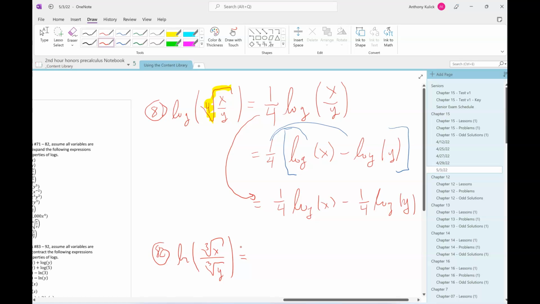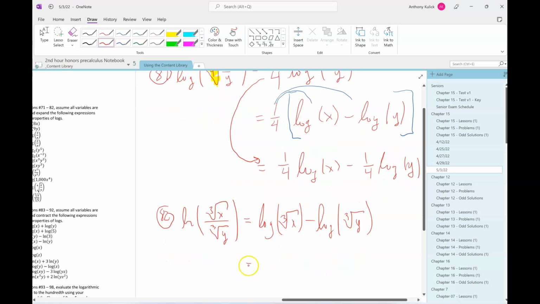Yeah, this one you should do the quotient first, since the 1/3 roots are not around the entire inside part there. It's only around single variables. And then we can do the power property after that.